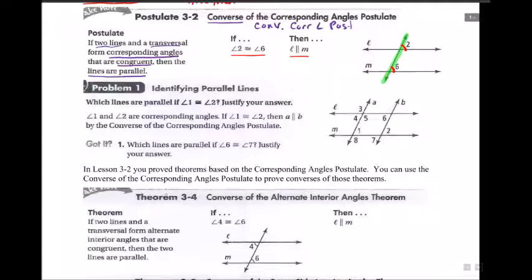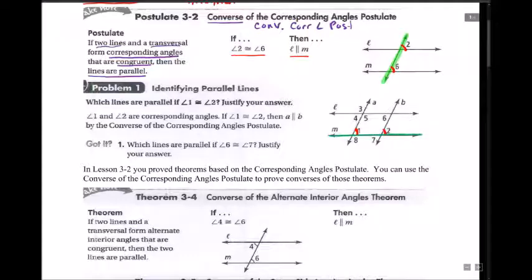So let's look at our example problem. It says, which lines are parallel if angle 1 is congruent to angle 2? So I'm going to mark angle 1 congruent and angle 2 congruent. And now I'm going to identify my transversal. How do I find the transversal? Well, I know that my special angle pairs sit on the transversal.